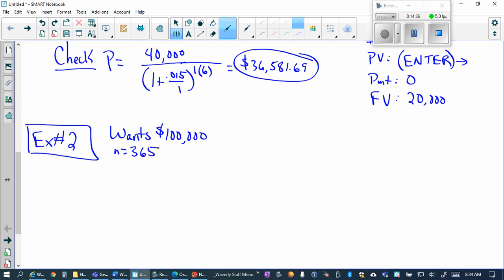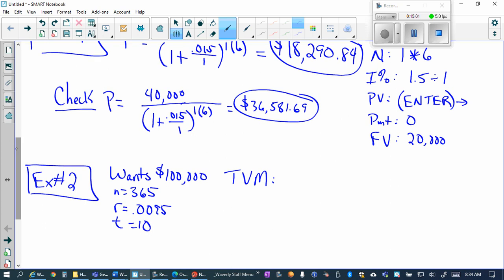What was the rate? 0.95%, right? So that's 0.0095, right? That we have to use there if we're going to do the formula. And how long do they have? 10 years. Let's do it with the TVM. Okay, so open that up there.